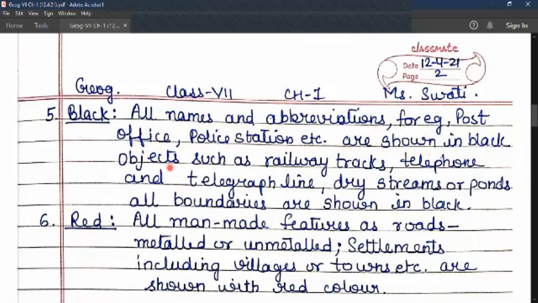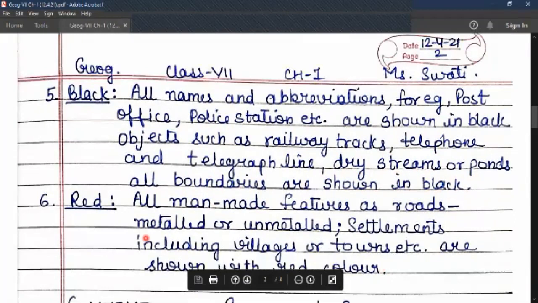Black objects such as railway tracks, telephone and telegraph line, dry streams or ponds. All boundaries are also shown in black color. Number 6 is color red.